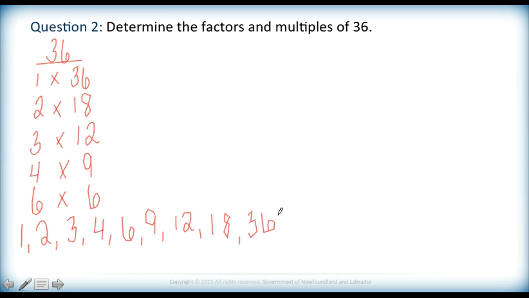Now multiples is a little different. We are going to look at multiples now, and a multiple is a number that is multiplied by 36.